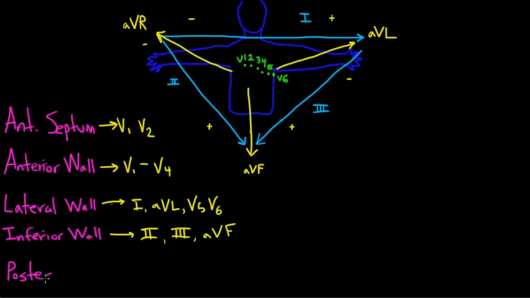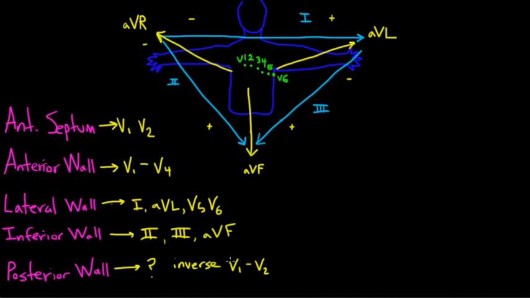What about the posterior wall? Hmm, that's kind of tough. Well, one trick is you could look at the inverse of V1 and V2. If you think about it, if V1 and V2 show ST depressions, that could actually indicate ST elevation at the posterior wall.